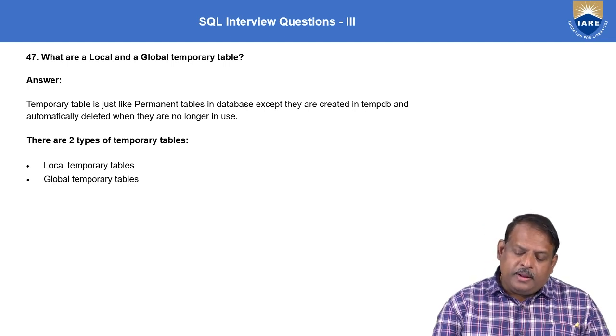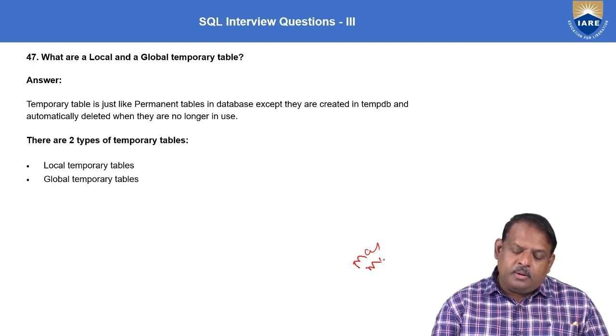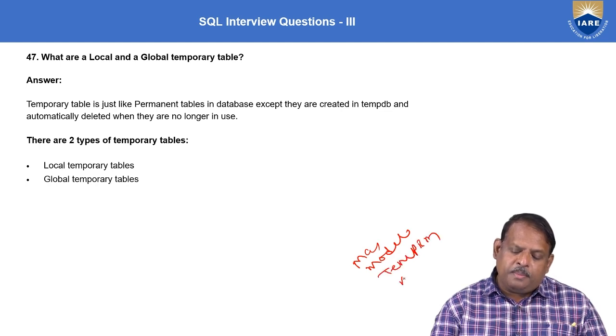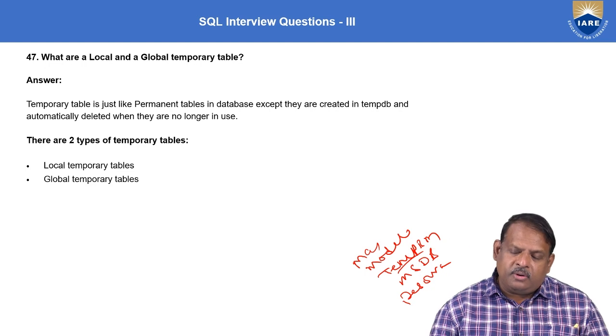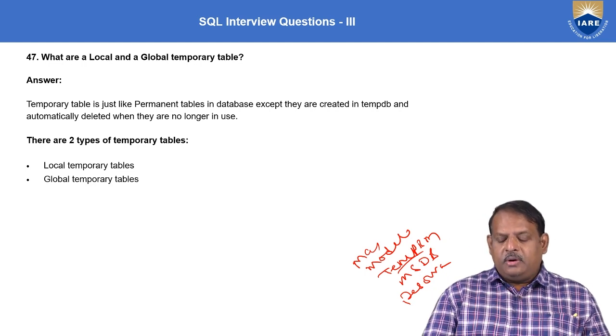After your work is completed, this table will be automatically deleted, and it is created in the TempDB. We know that we have some system databases: master, model, TempDB, MSDB, and also resource DB. So TempDB is where your temporary tables will exist.